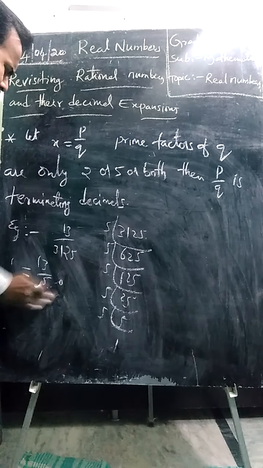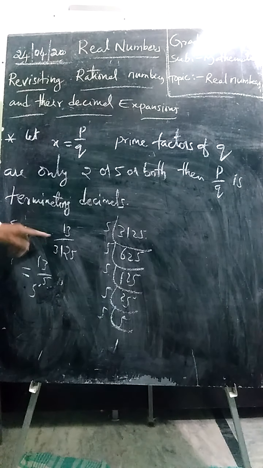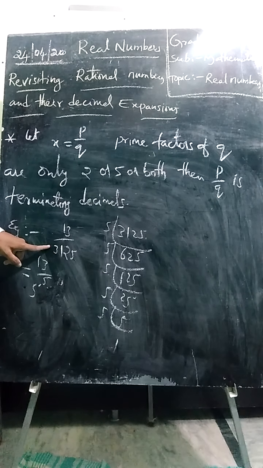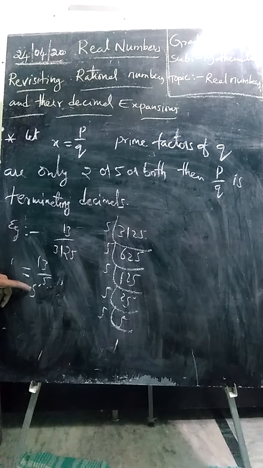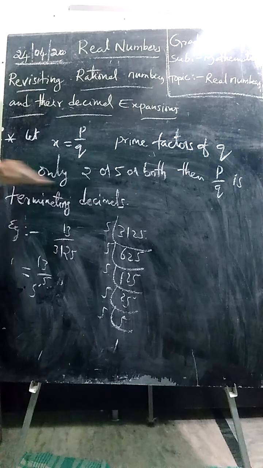Like this, if the denominator contains either 2 or 5 or both after writing prime factorization of the denominator, I mean by using the fundamental theorem of arithmetic, if you write it always contains either 2 or 5 or both as factors, that is a terminating decimal. How to?